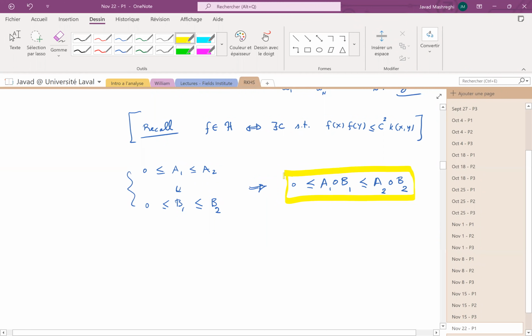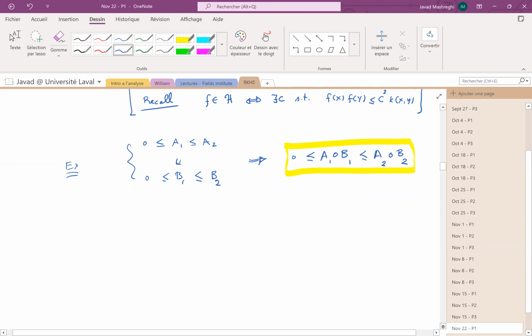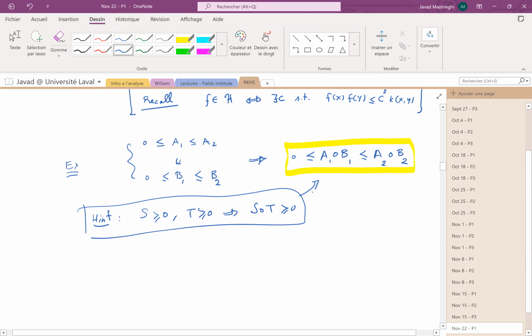It's very easy to prove, and I leave it as an exercise for the students. Of course, I give you a hint. The main ingredient of the proof is a short theorem which says that if S is positive and T is positive, then S Schur T is positive. And you can use this to prove this inequality.